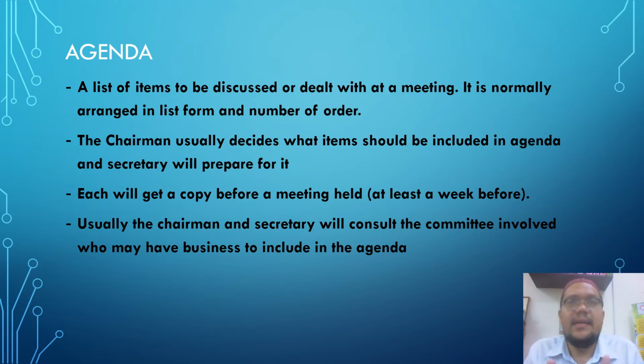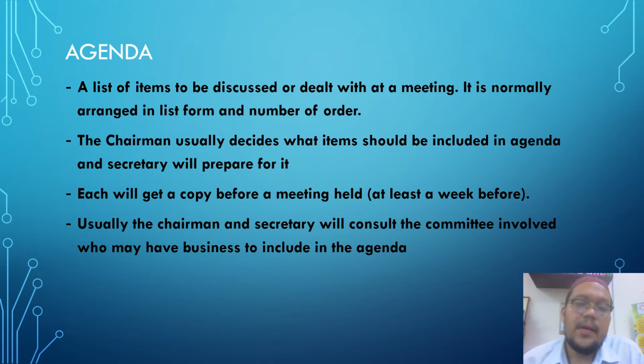This is their business, their scope of issue to be uttered in the meeting. So that's why it's very important to provide the agenda before the meeting is held, so the members can be well prepared for that.